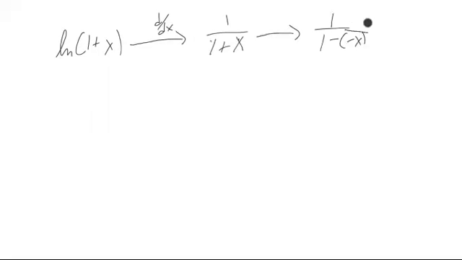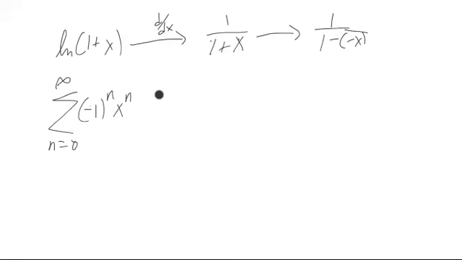So it's the result of a geometric sum formula, which looks like this: the sum from 0 to infinity of negative x to the n, which we could rewrite as negative 1 to the n times x to the n. So we take a derivative and we end up getting this.